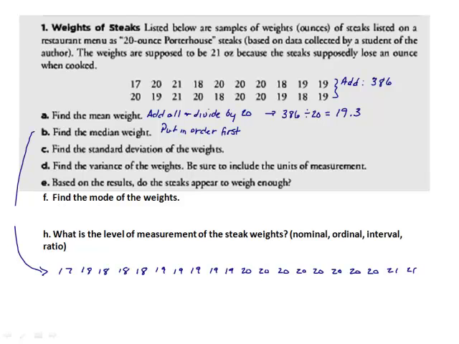So actually here we'll end up taking the value in the 10th position and the value in the 11th position and averaging those 2. And that would turn out to be the 19 and the 20. So the average of those 2 is going to be 19.5.